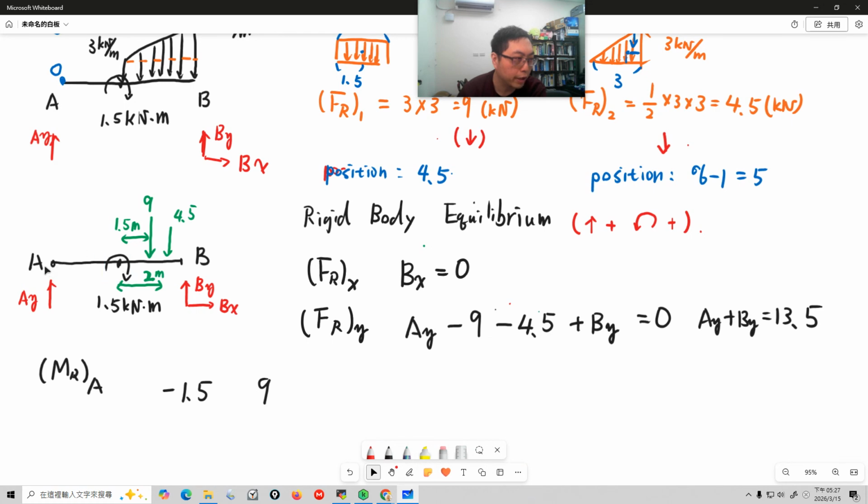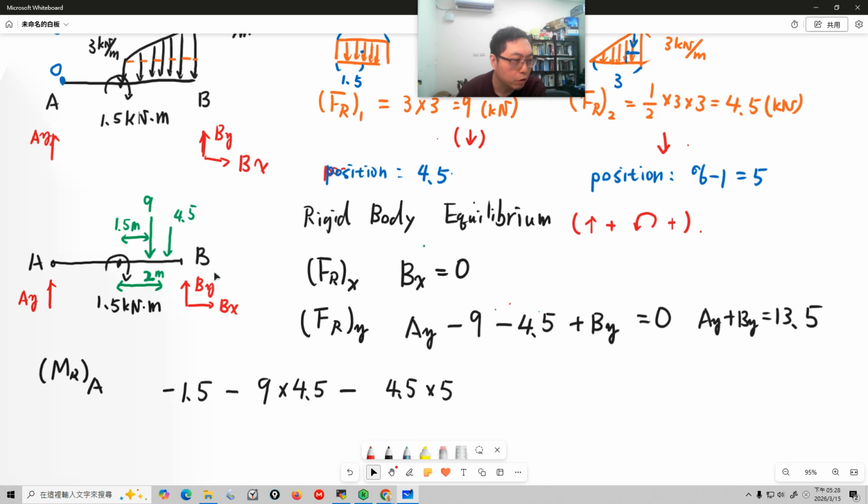Don't forget the distance here is 3, so 3 plus 1.5 is 4.5, and it creates a clockwise rotation, so it's negative. Another is the 4.5 kilonewton force pointing down. Also with reference point A, it creates a clockwise rotation. So 4.5, and the lever arm is 3 plus 2, which is 5. Because it's clockwise, it's negative.